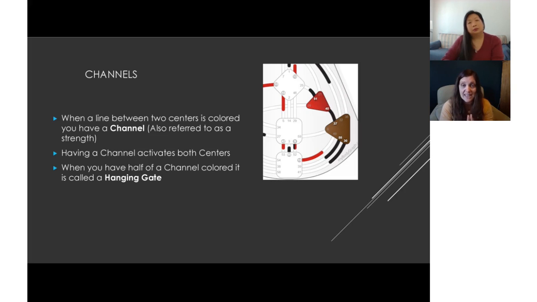So that's where attraction comes in. We are attracted to people that fill in that other half of our hanging gate. Again, it's not at the conscious level, and it happens organically and naturally at the energetic level.